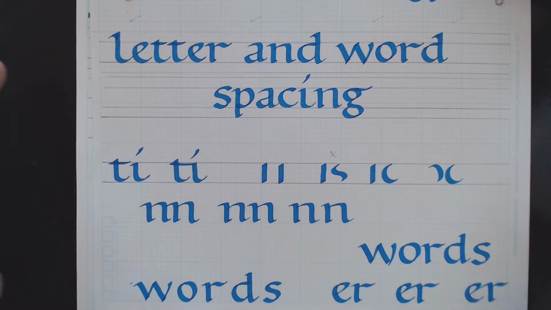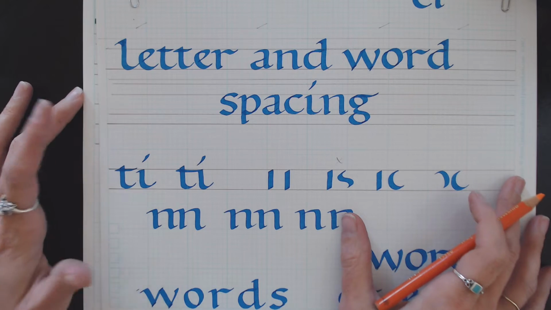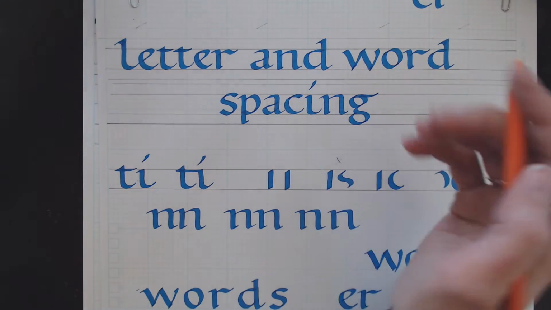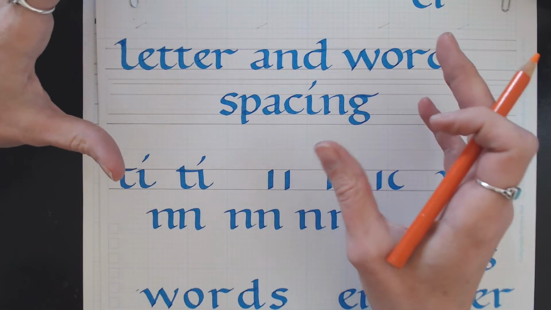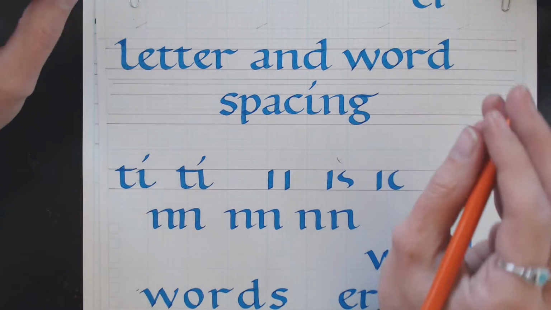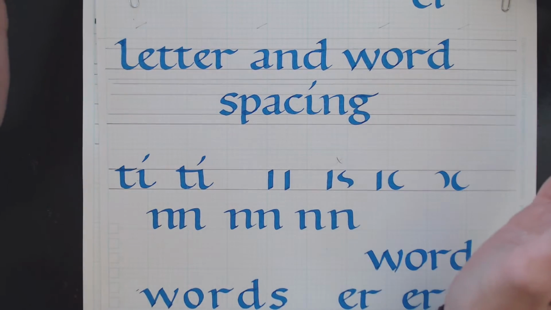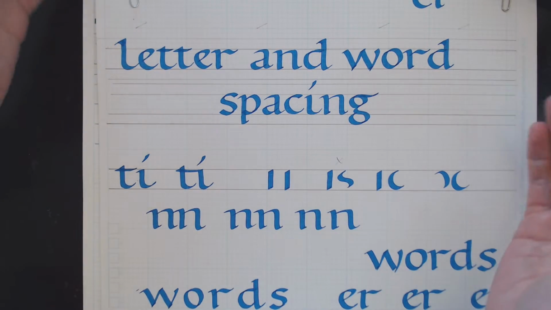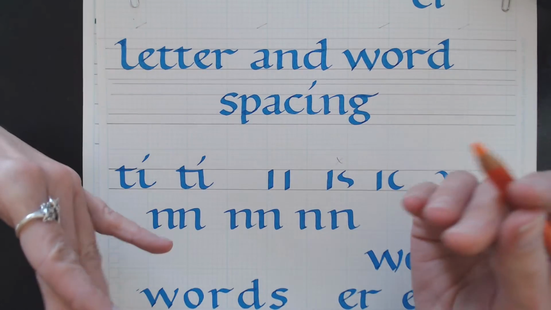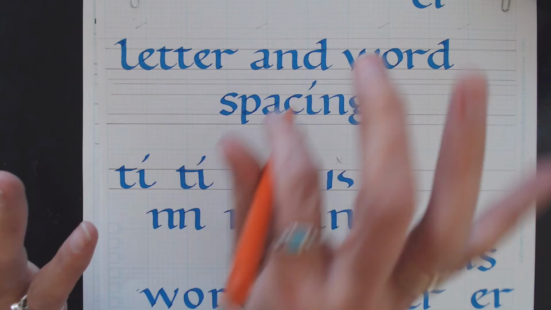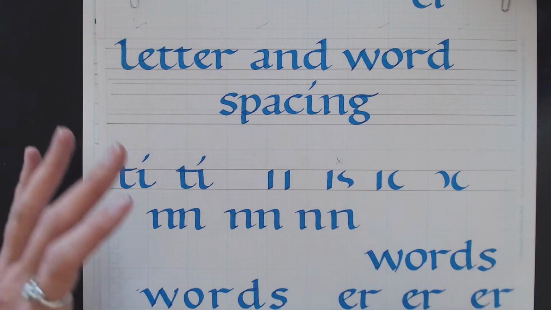Okay, so the first thing we're going to talk about here is letter spacing. Letter spacing is the amount of space that we leave around the letters and between them to keep them distinct and legible. This balances with arranging the letters appropriately to form a word and maintaining the flow of the calligraphy hand. It sounds like a lot, but we have to get the words on the page to be able to work with this.